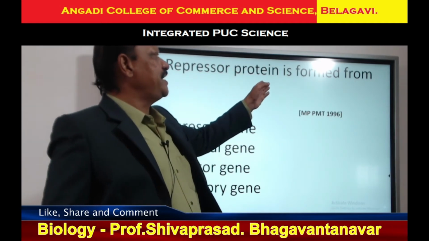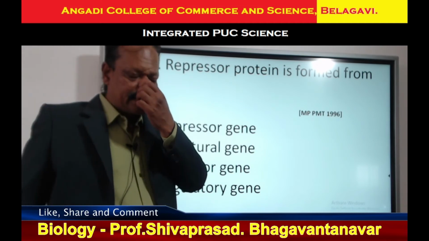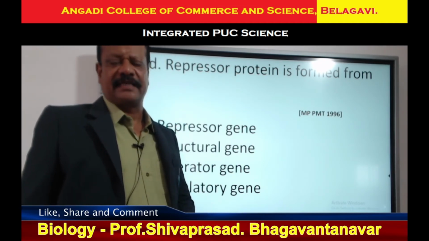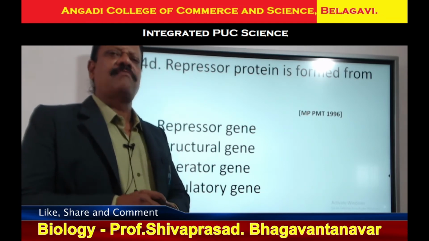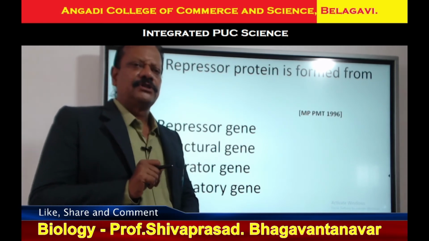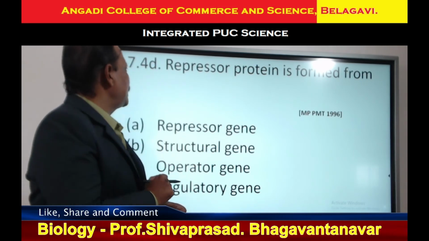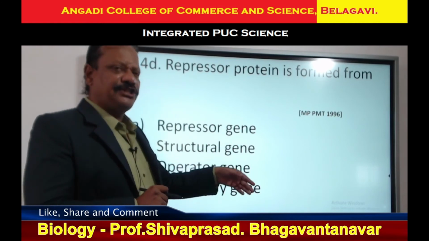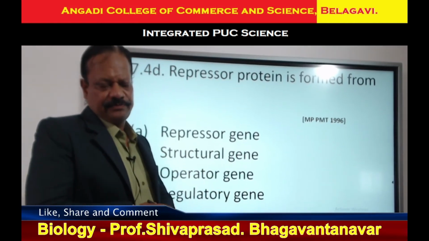Repressor protein is formed from. Okay, so repressor protein, lac operon concept, you people start studying. In next beginning class, I will give you idea regarding the lac operon. So here, we'll go through the option here. Repressor gene, structural gene, operator gene, and regulatory gene.